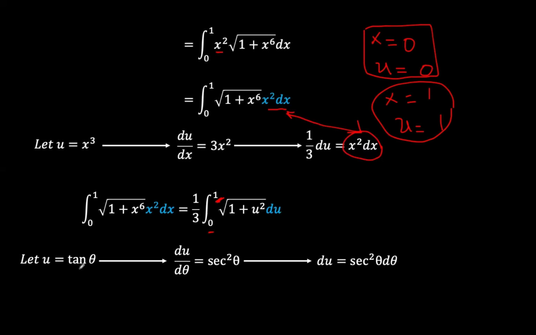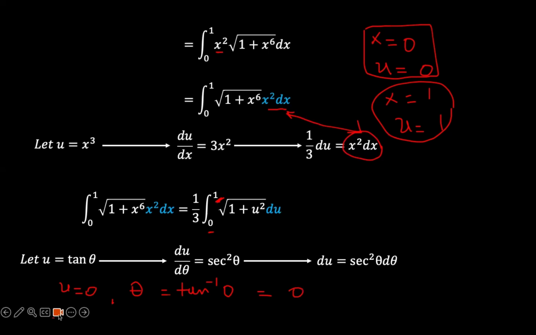Since u is tan theta, when u equals 0, that means theta is equal to arctangent of 0, just my preference to represent arctangent like that, which is equal to 0.